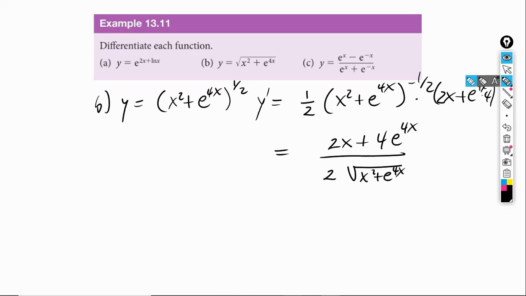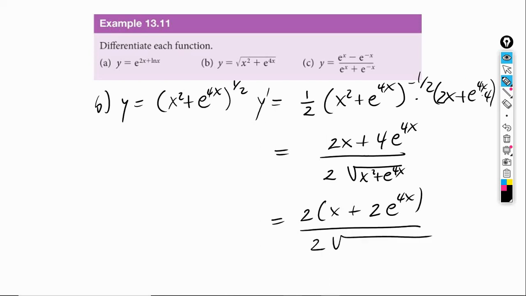And then notice we can simplify this further by factoring out 2, because we can rewrite this as 2 times x plus 2 e to the 4x over 2 square root of x squared plus e to the 4x, and we can cancel out the 2, and this would be the final expression for the derivative in case B.